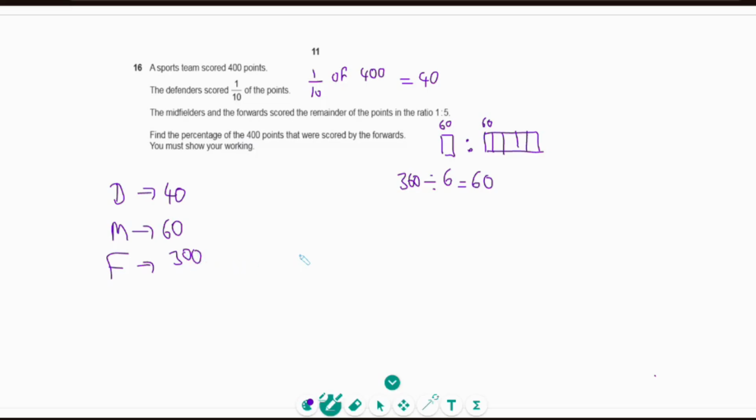We want the percentage of the 400 points that were scored by the forwards. What fraction of the points were scored by the forwards? 300 over 400. Let's change that into a decimal by dividing. 300 divided by 400 is 0.75, times by 100 gives us 75%.